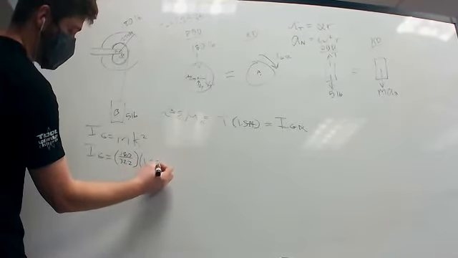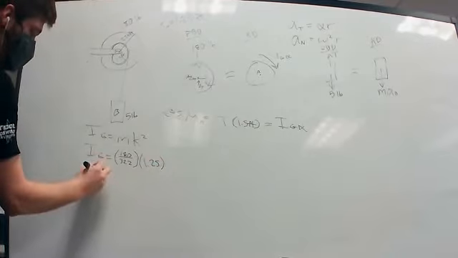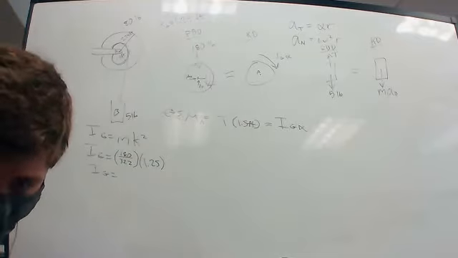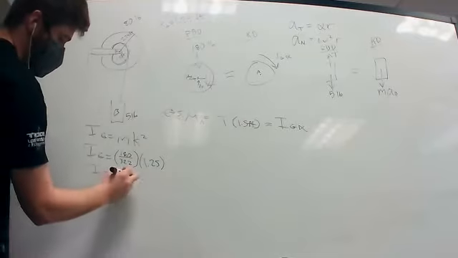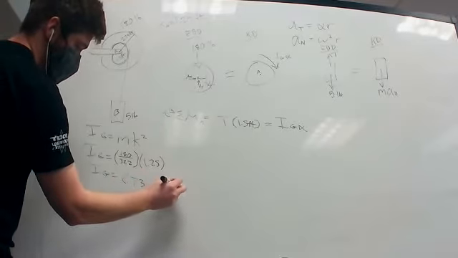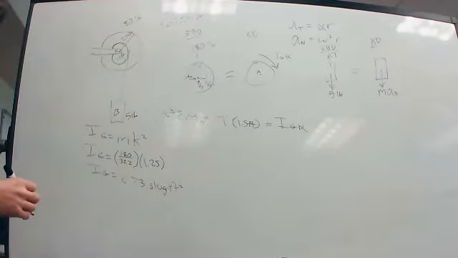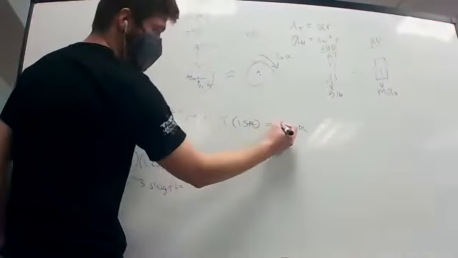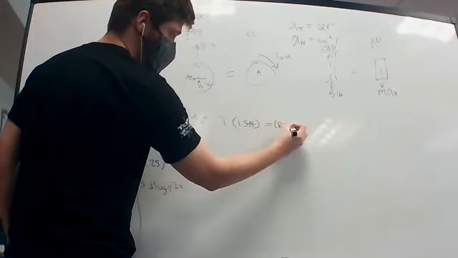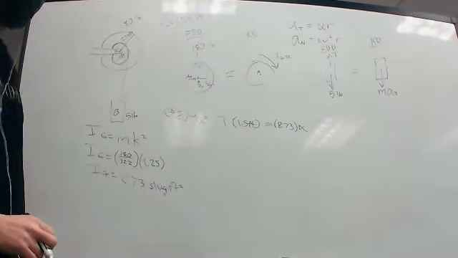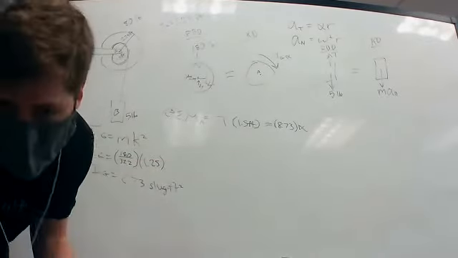This times 1.25 squared. So our IG value would come out as 8.73 slug feet squared. We can take that and plug it back in here. And then we have our first equation set up.